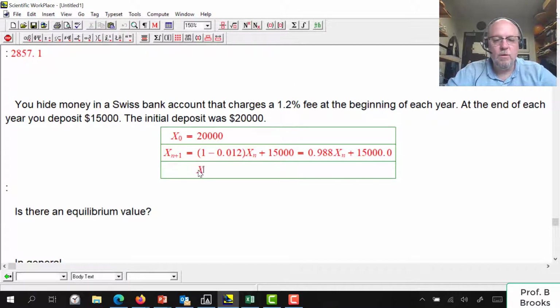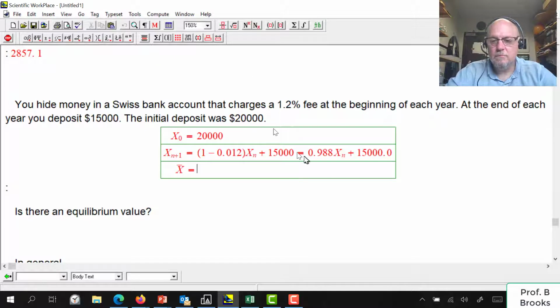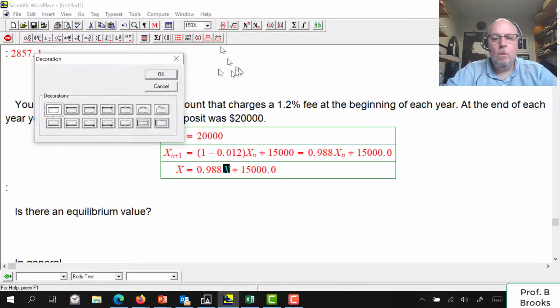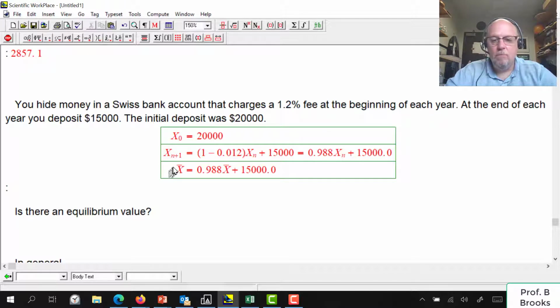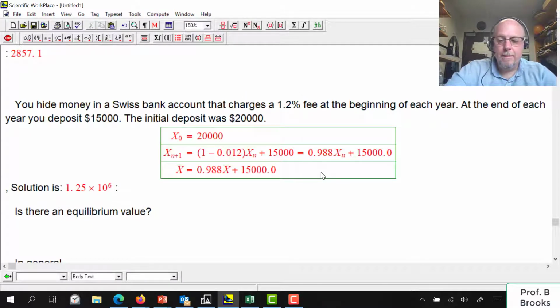To get our equilibrium value, it would be plug in our X bar, our equilibrium, and so I put in the equilibrium value, get out the equilibrium value. If I solve this, that should be my equilibrium value.